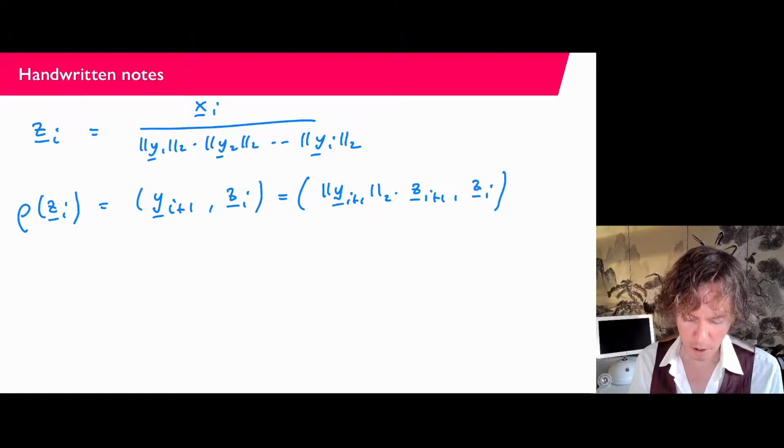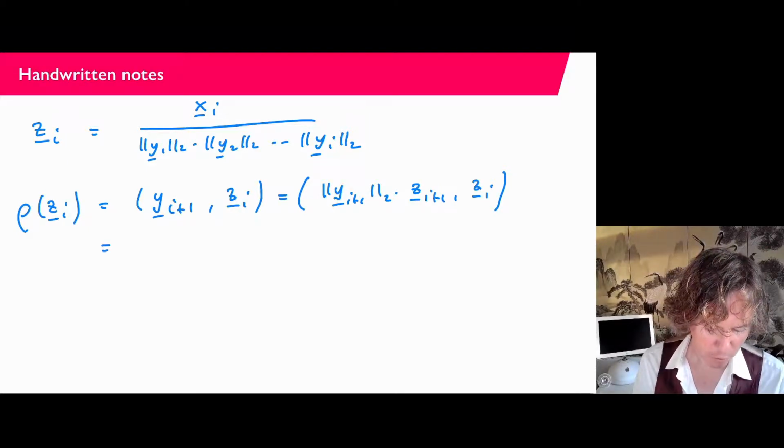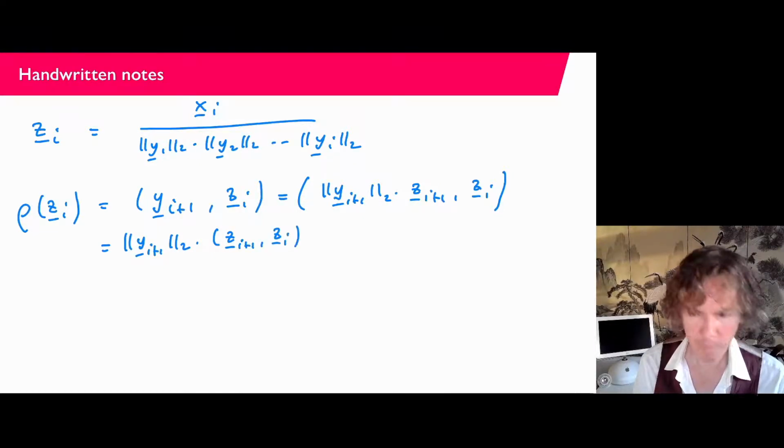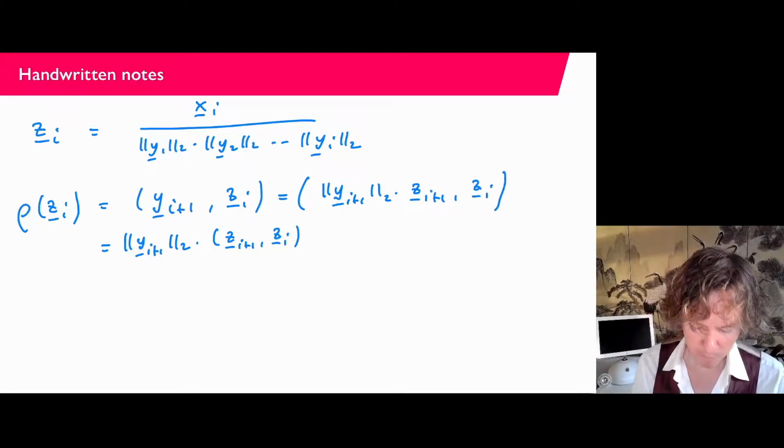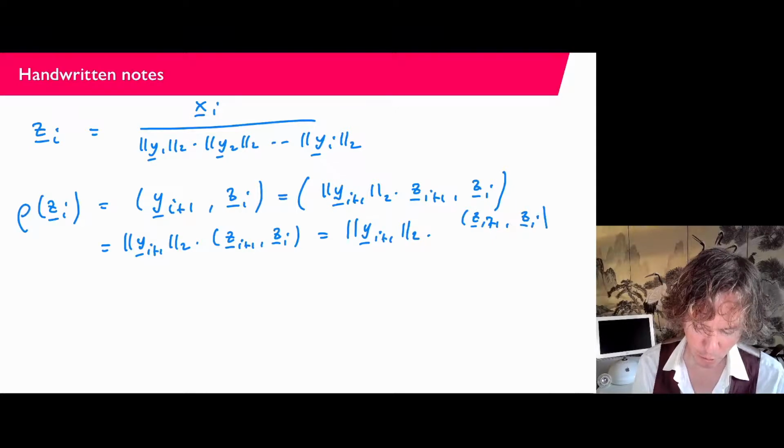And I can pull that length out of the inner product, so that's the length of the vector i plus 1 times the inner product zi plus 1 with zi. All the z's have length 1. So if you like that, you can also say, well, I want it to look like a proper Rayleigh quotient. So I want zi plus 1, comma zi in the numerator. And I want zi, comma zi in the denominator.